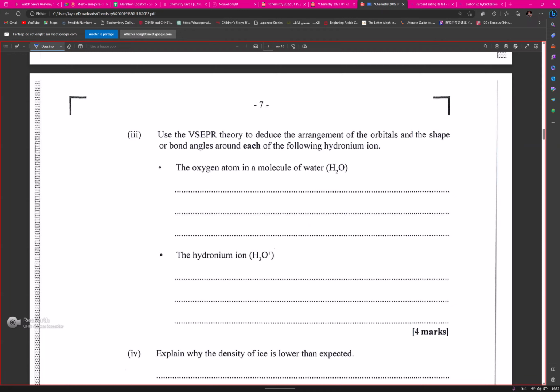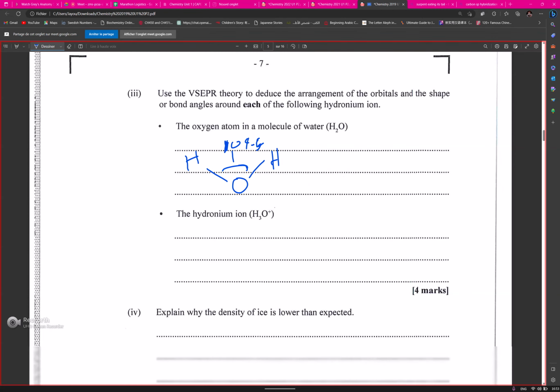Is it nonlinear? Bent. So it's saying that the angle is 104.5. Alright, that's the one angle.